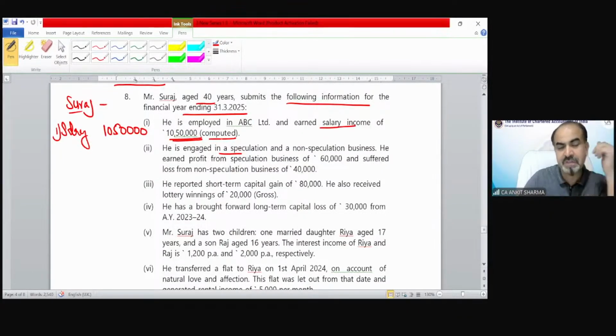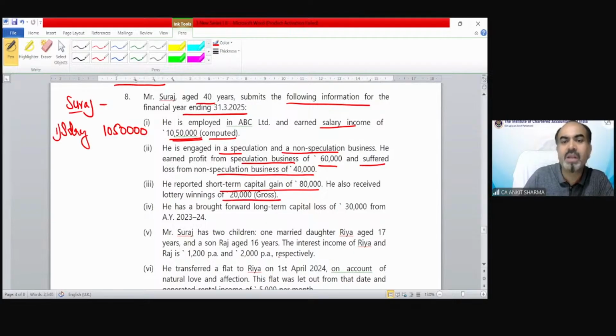I guess first we read this question properly, then we will see if there's a set of questions, we will make that horizontal format, okay? He earned a profit from a speculation business of 60,000 and suffered a loss from non-speculation business of 40,000. He reported short-term capital gain of 80,000 and a lottery winning of 20,000 rupees gross. Brought forward long-term capital loss of 30,000 from year 23-24 is also there. There is a set-off provision there.